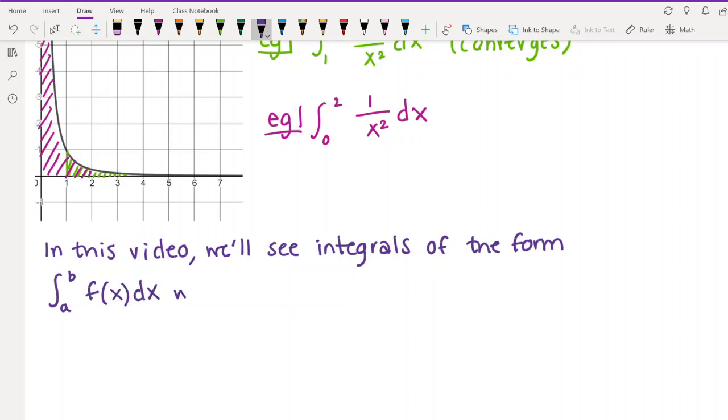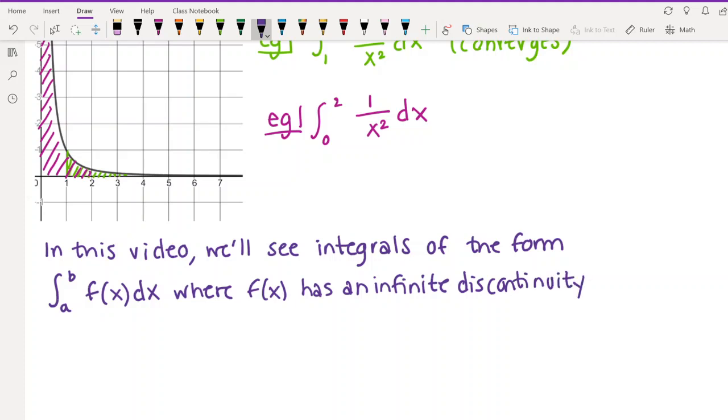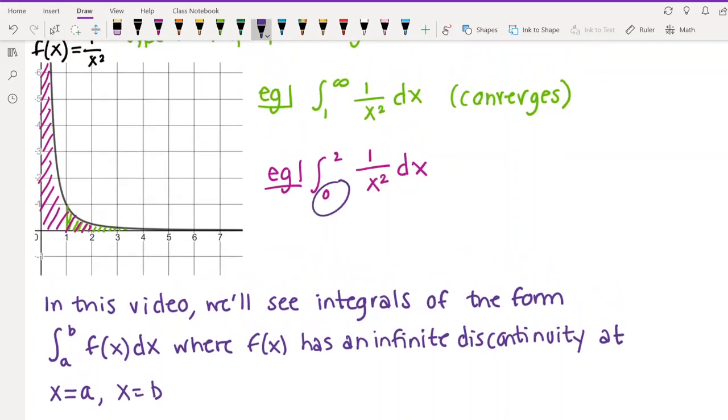The issue is that your function has an infinite discontinuity. So an infinite discontinuity just means a vertical asymptote. So I'll write that down below. An infinite discontinuity at either x is equal to a, x is equal to b, so at one of the bounds. So in this case, it would be the lower bound, right? We have an infinite discontinuity at x is equal to 0.